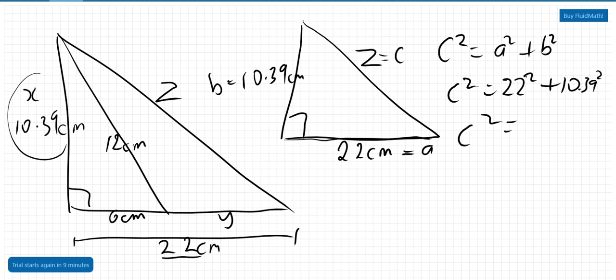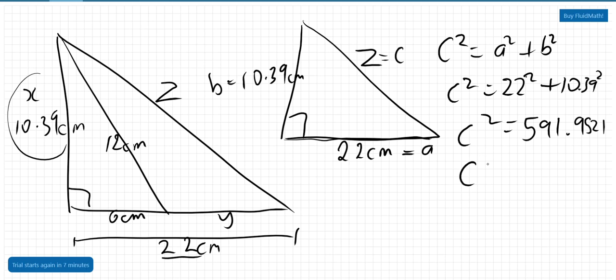C squared is equal to, so put it into your calculator, we end up with 591.9521. If the decimal was any longer, you can just round it off here to two decimal places because the question does ask us that.